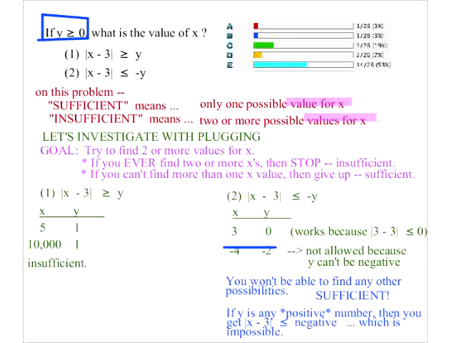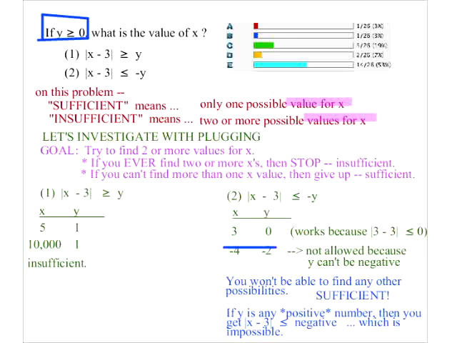The point here is that you can discover this by plugging. If you plug in any y except for 0 here, you will soon notice what happens. If y is 1, then you have an absolute value less than -1, and that can't happen. If y is 2, then you have an absolute value that's less than -2. That can't happen either.